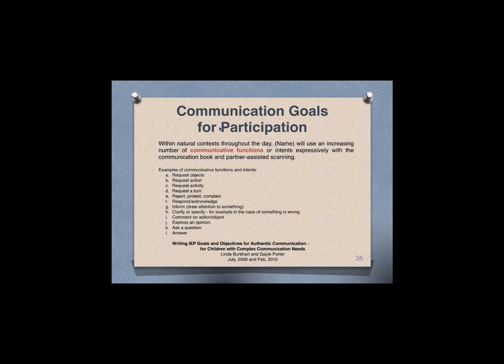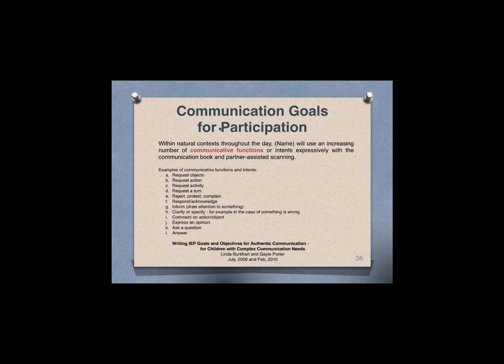One might be to request objects, request actions, request an activity, request a turn, to reject or protest or complain, to respond or acknowledge what someone else has said to them, to share information or draw someone's attention to something, to clarify their own message, such as if something's wrong, to start commenting on an action or an object, expressing their opinions, asking a question, providing an answer.